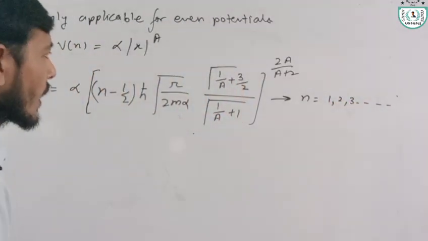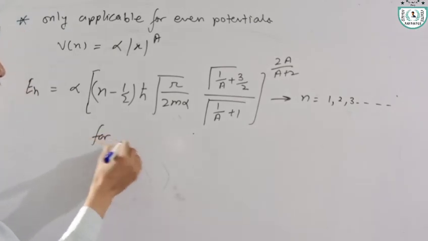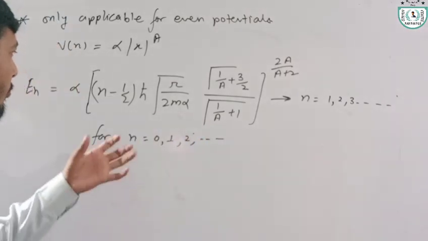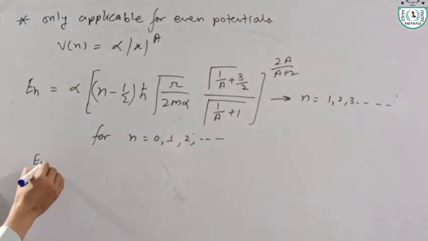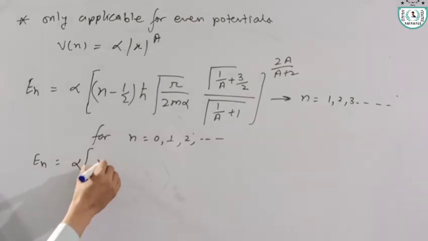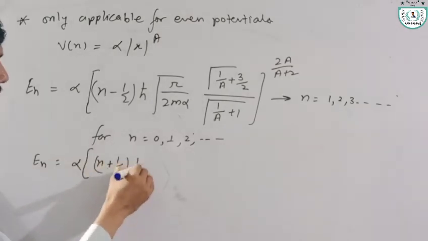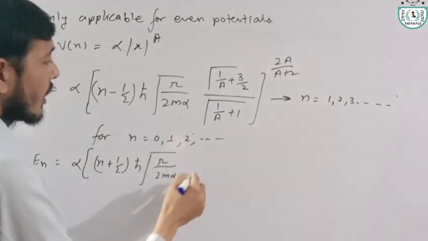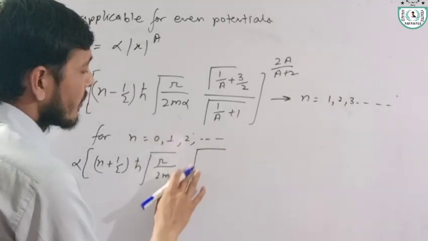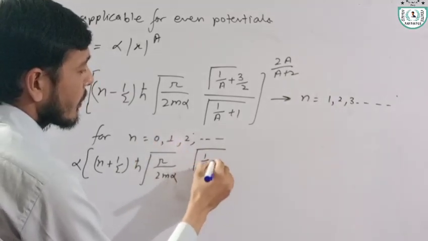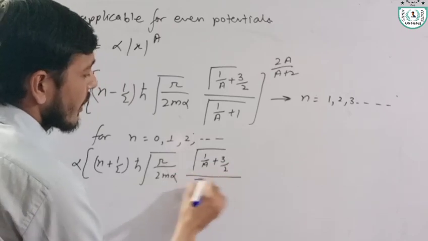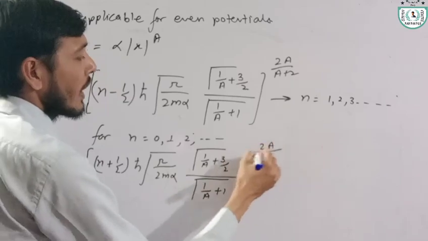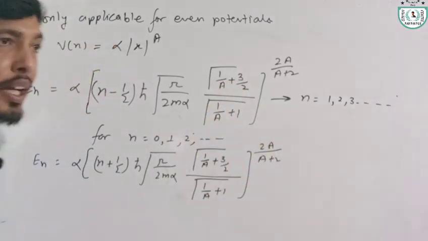For n = 0, 1, 2 and so on, we have En = α(n + 1/2) ħ √(π/2mα) Γ(1/a + 3/2) / Γ(1/a + 1) raised to power 2a/(a + 2).